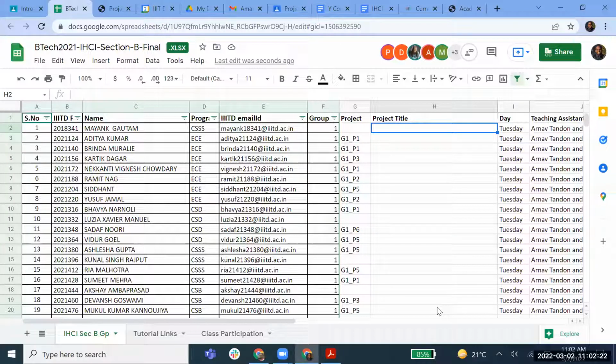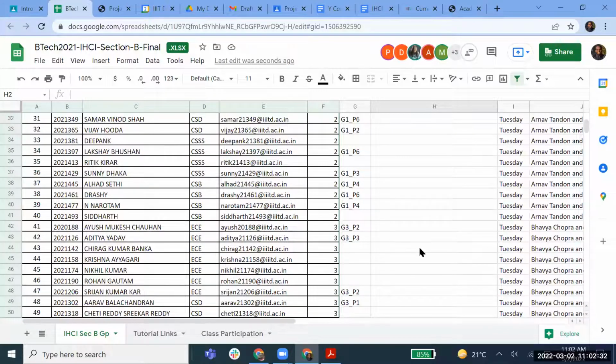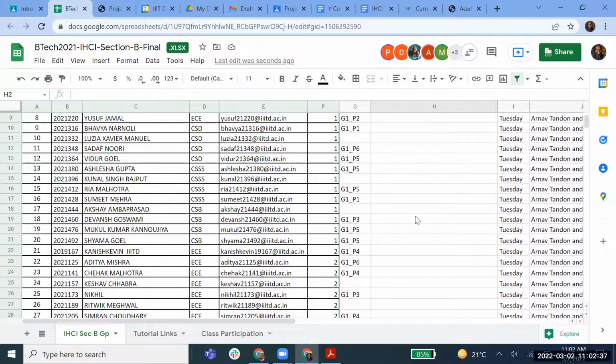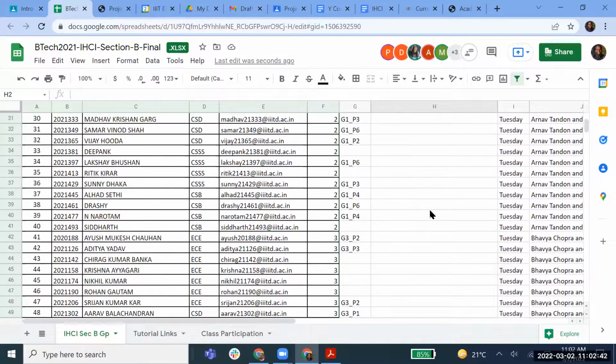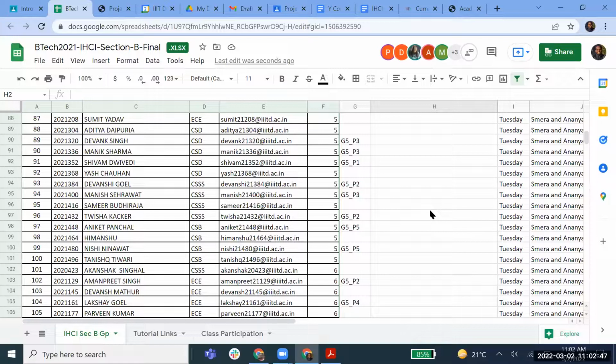Just try to differentiate, which is only possible if everyone writes down their project title here. We request everyone not to change or delete project topics taken by others. Just write down yours, and when adding your title, quickly check whether someone has already taken that task. If so, modify it a bit so you can differentiate your project from others.